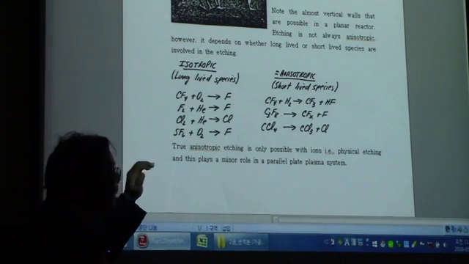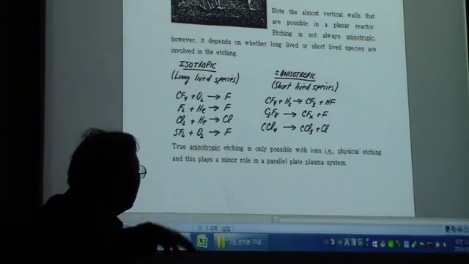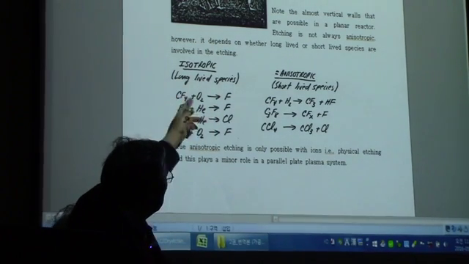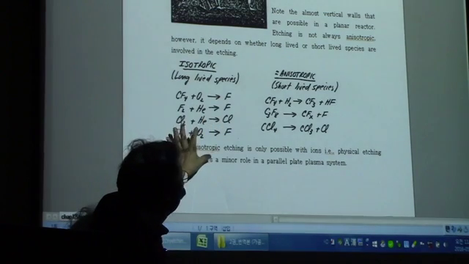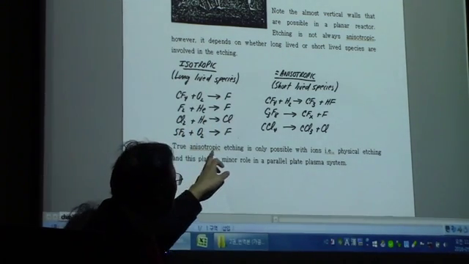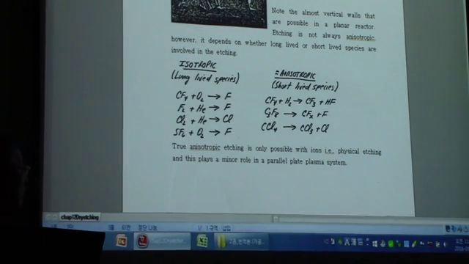Now, even with the planar type, of course, we can have long-lived species if you use chemicals like this. So true anisotropic etching is only possible with ions. Physical etching plays a minor role in a parallel plate plasma system.